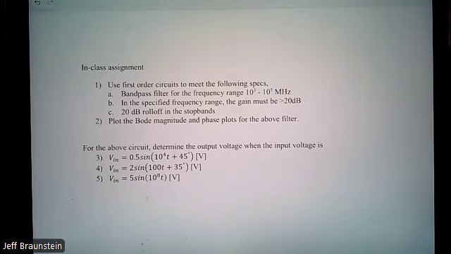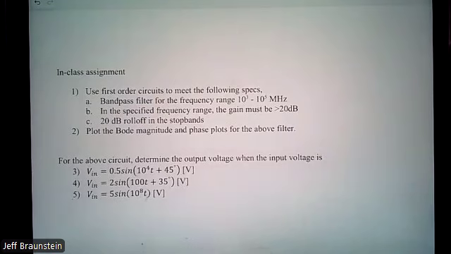First order circuits are real poles always. And how do we do it? We already answered the question: low pass filter and high pass filter. So this is an exercise for you. It's picking up what we did in the lab, but backing up a step and letting you do it a little bit more yourself.